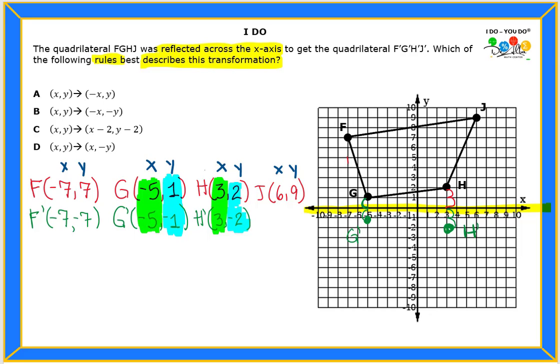So I'm going to ask you to come back to the grid now, and let's find F prime. I'm going to count the steps. We're going to count 1, 2, 3, 4, 5, 6, and 7. It's 7 units away from the x-axis, so we're going to count 7 straight on the same path.